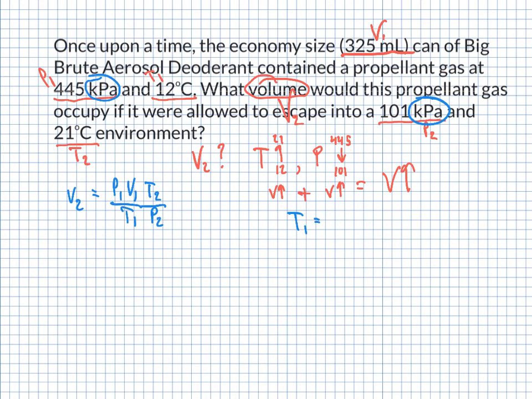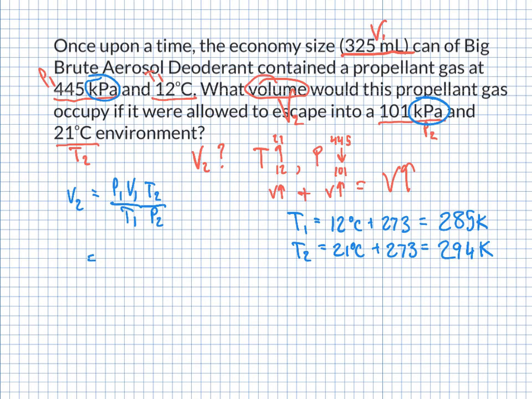So T1 started off as 12 degrees Celsius. I need to add 273, and that is going to give me 285 Kelvin. And for my T2, that started off as 21 degrees Celsius. I need to add my 273, and that gives 294 Kelvin.